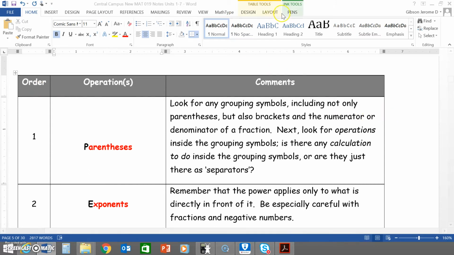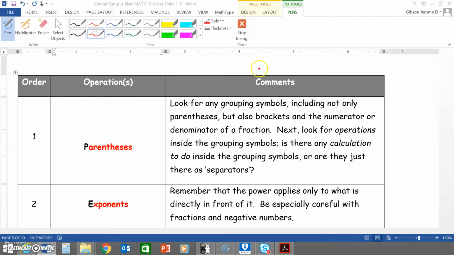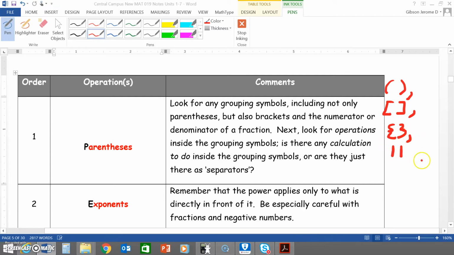When we talk about parentheses, there are a few kinds here. We have the regular parenthesis sign, we have brackets, and we also have what people call those squiggly lines, which is called braces. We also have absolute value, which almost looks like 11, but we know this is absolute value.